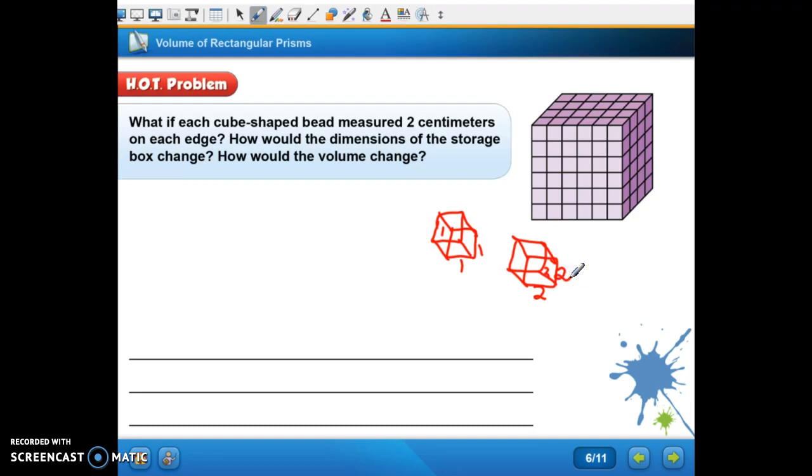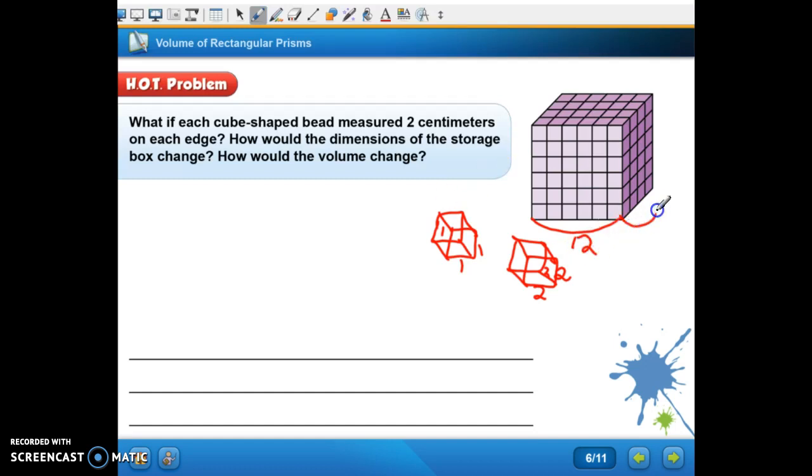So the first question is, if each cube-shaped bead measured 2 centimeters on each edge, how would the dimension of the storage box change? It would now be not 6 centimeters, but this would be 12.